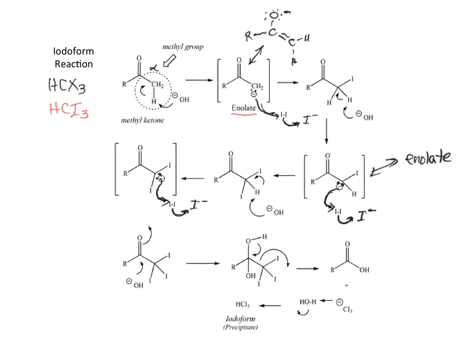Now at this stage we're out of hydrogen ions, so we can no longer deprotonate this, and now we get an interesting other reaction. What's going to happen here is our hydroxide ion acting as a nucleophile will directly attack the carbonyl, and that will tend to open up our carbonyl with the unshared pair going to the oxygen, and something in here, probably a hydrogen ion from water, will protonate that.